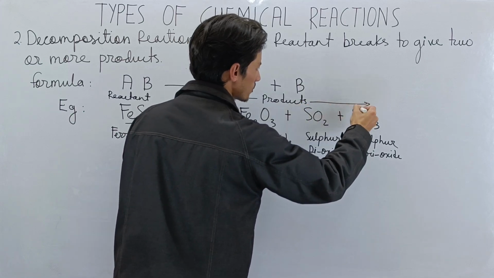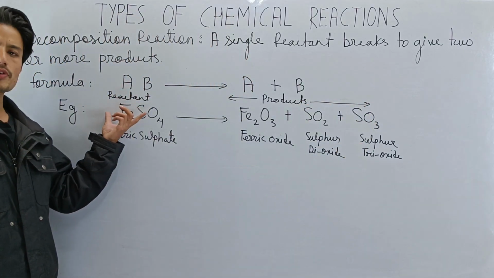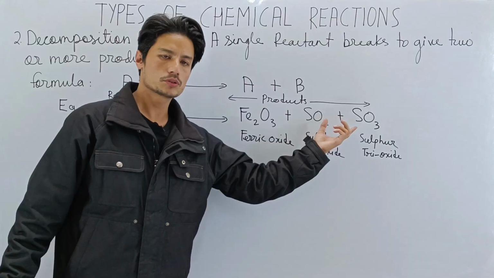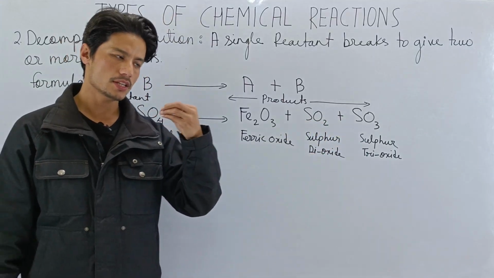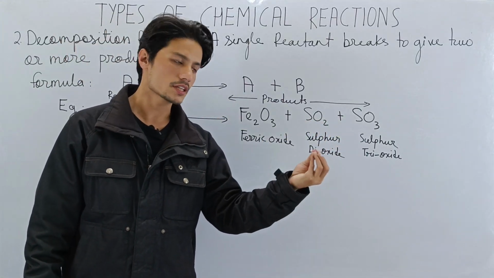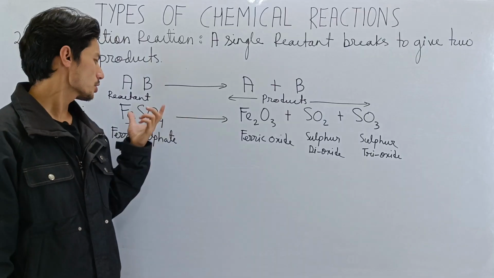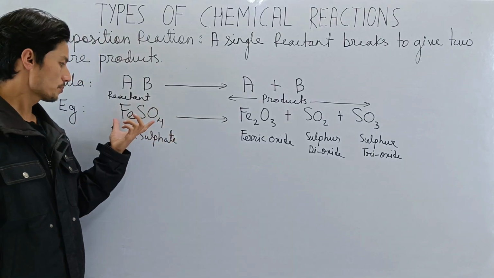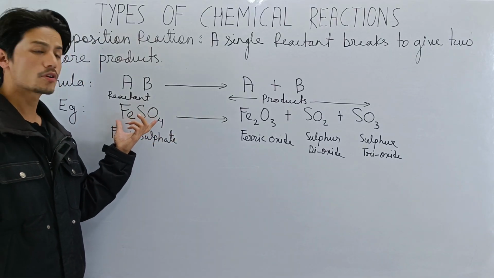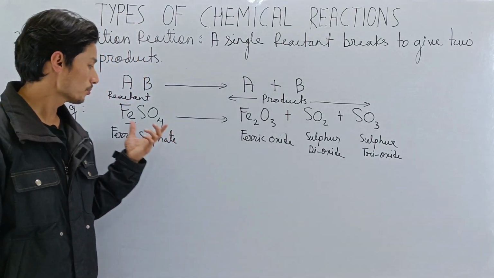All of these are the products. So how did this reactant break down to give these products? There must be something which has helped this reactant to break. It is a big compound. So how did this compound break?